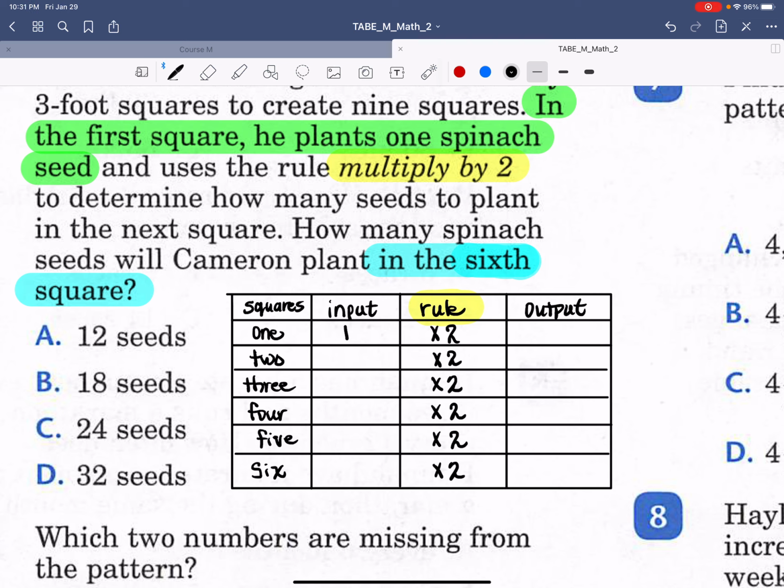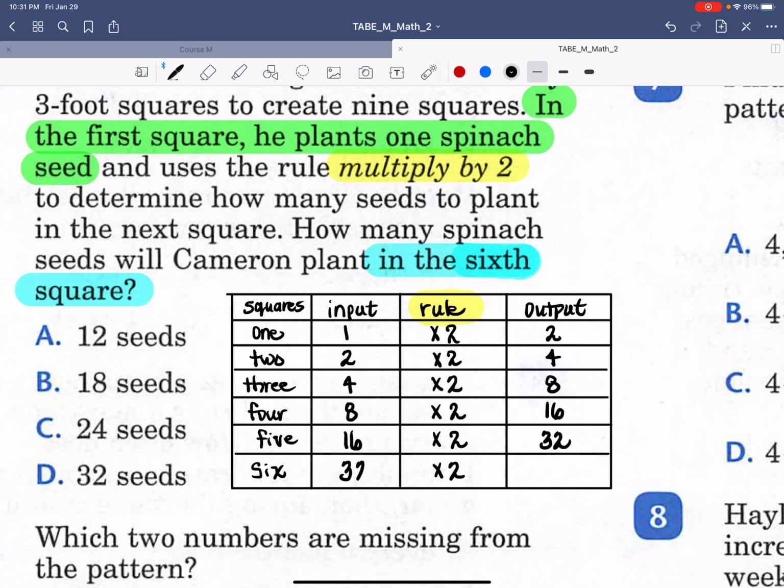1 times 2 is 2. Bring that 2 down here. 2 times 2 is 4. Bring the 4 down here. 4 times 2 is 8. Bring the 8 down. 8 times 2 is 16. 16 times 2 is 32.